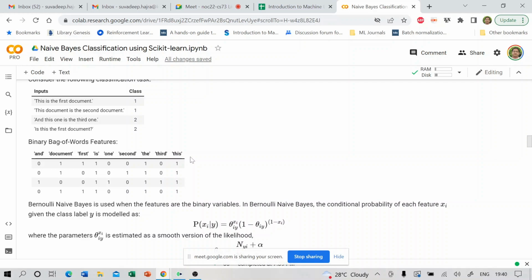In this way you can train a Bernoulli Naive Bayes. Now there are certain issues with this. For example, I am just giving one issue.